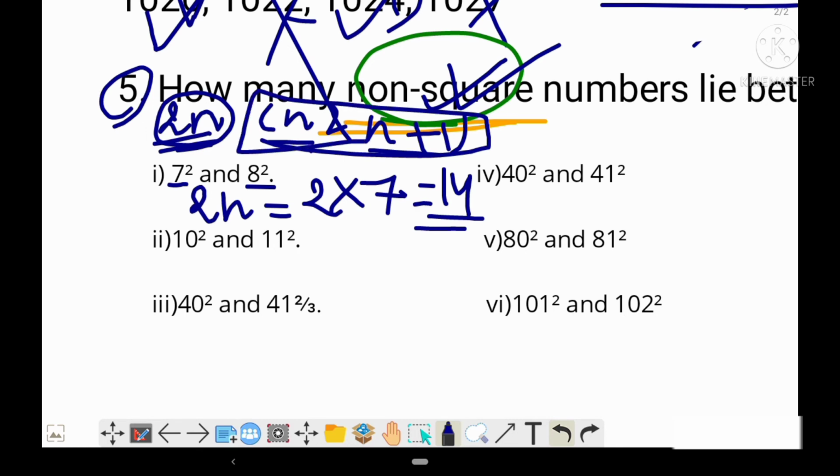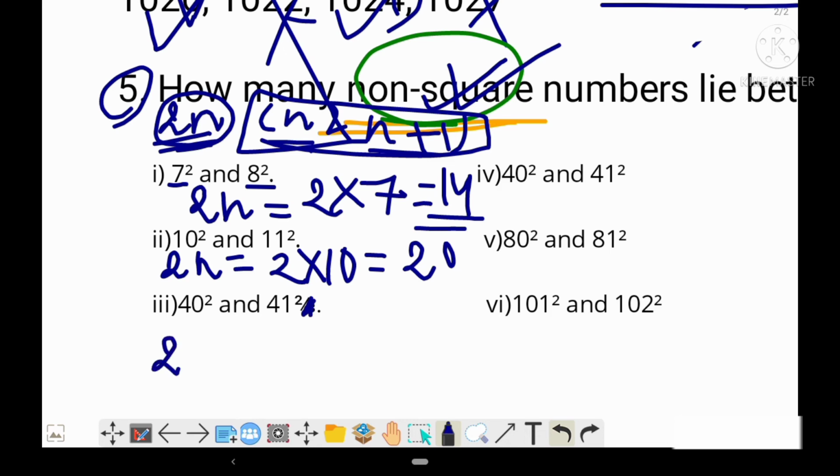Now the second is 10 square and 11 square. So 2n means 2 into 10, which is 20. Here 20 non-square numbers lie between 10 square and 11 square. Now the third is 40 square and 41 square.